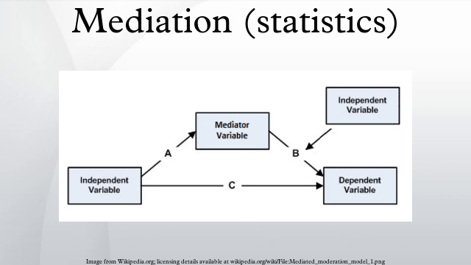Rucker, D.D., Preacher, K.J., Tormala, Z.L. and Petty, R.E. Mediation Analysis in Social Psychology: Current Practices and New Recommendations. Social and Personality Psychology Compass, 5/6, 359-371. Sobel, M.E. Asymptotic Confidence Intervals for Indirect Effects in Structural Equation Models.